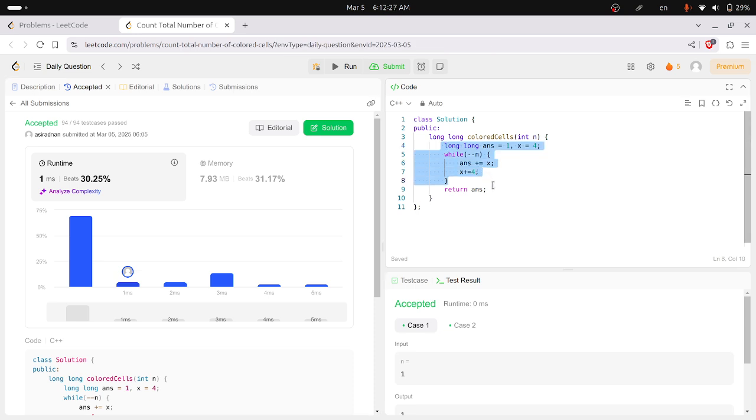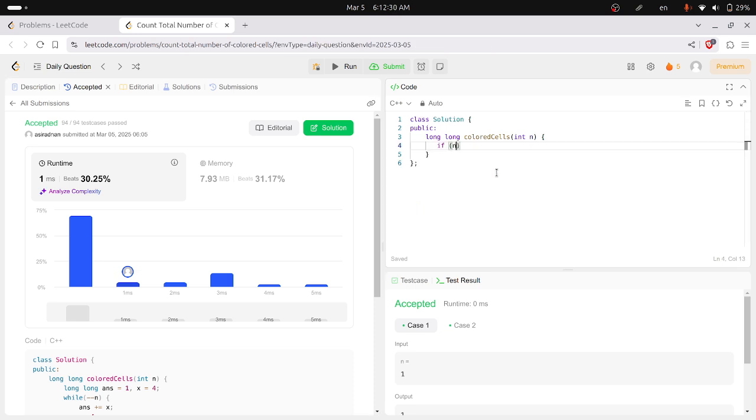So I have one base condition, which is if n equals 1. Maybe I can do a ternary operation here. Answer equals, okay, let's do the ternary. n equals 1, then 1, else n into n minus 1 divided by 2.